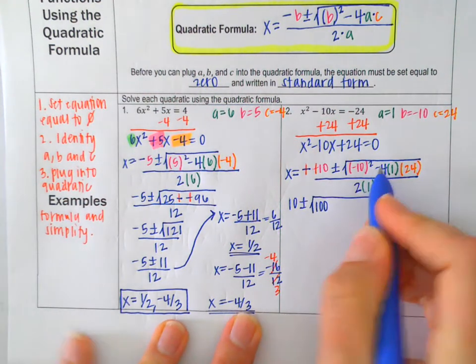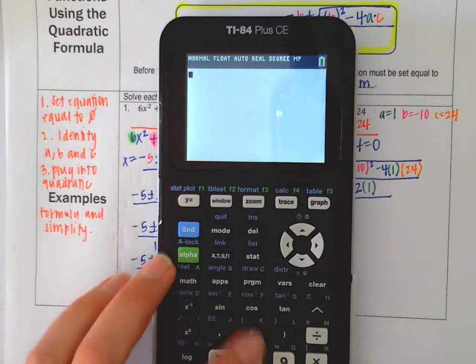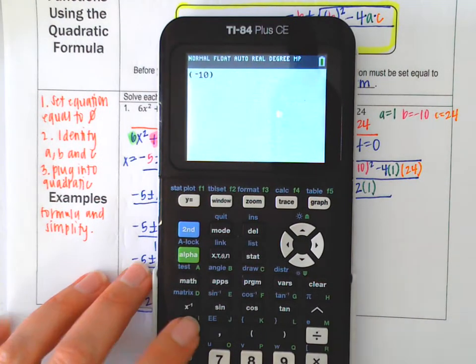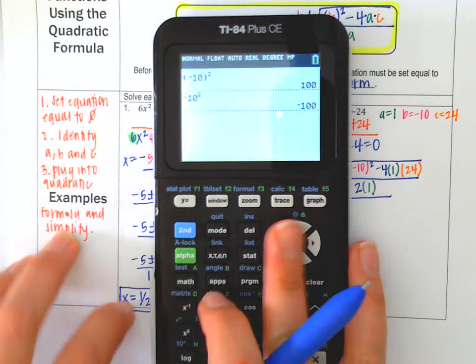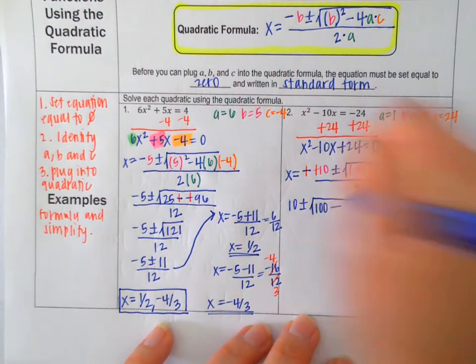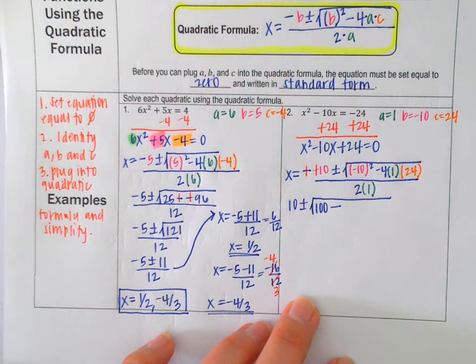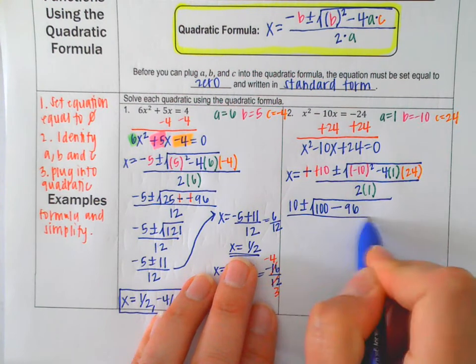So that's why if you do that in your calculator, you need to also put that in parentheses. Negative 10 squared gets you positive 100, because if you don't put it in parentheses, it will give you negative 100, and then you'll have something wrong. And then minus 4 times 24, which is 96, divided by 2 times 1, which is 2.